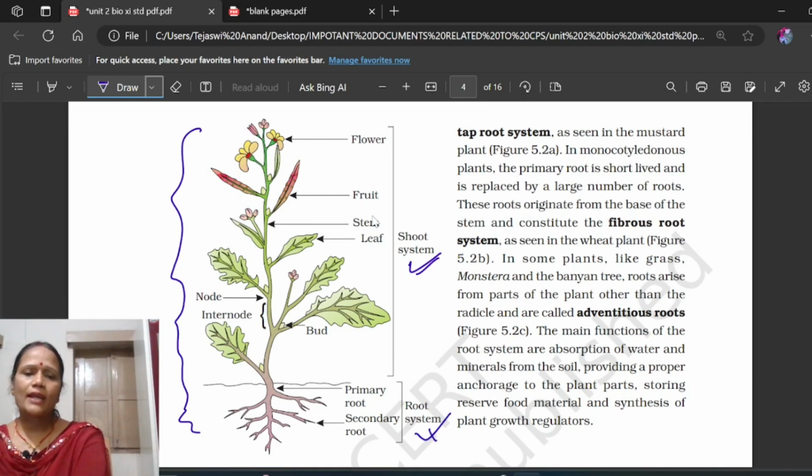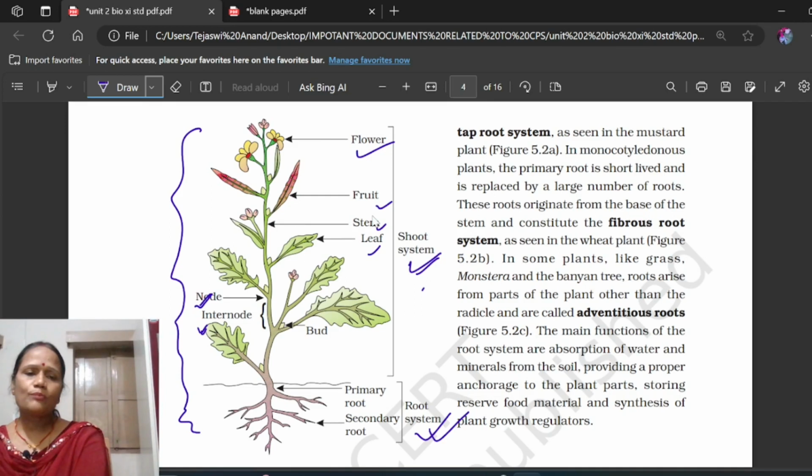One is root system and one is shoot system. So we can say the part of the plant under the ground is called root system, and the part of the plant above the ground is called the shoot system. Again, the shoot system has different parts like leaves, fruits, stems, flowers, nodes and internodes. What are nodes and what are internodes?